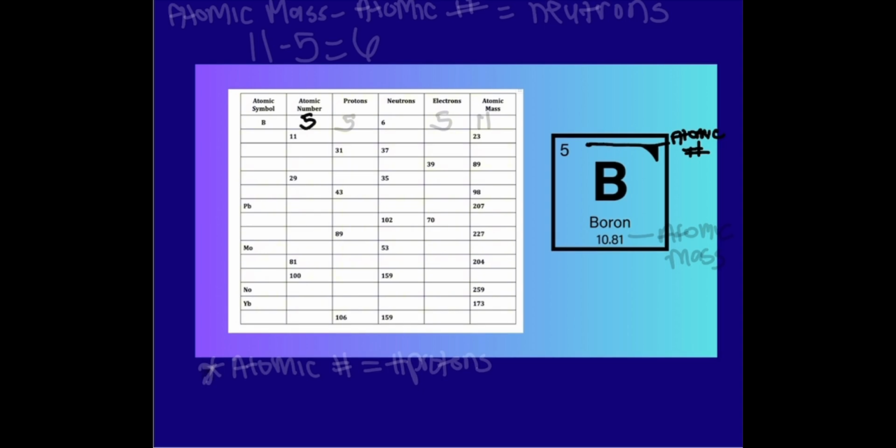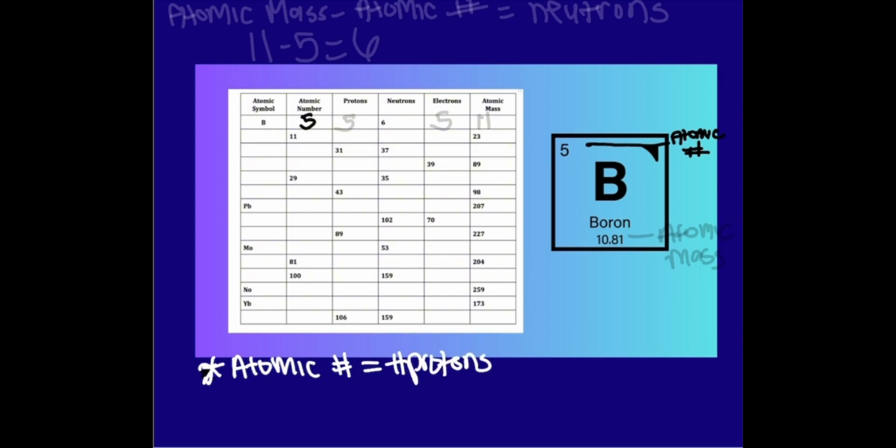Okay. Then my number of protons. We also want to note that our number of protons equals the same as our atomic number. So whatever my atomic number is, it also equals my number of protons.